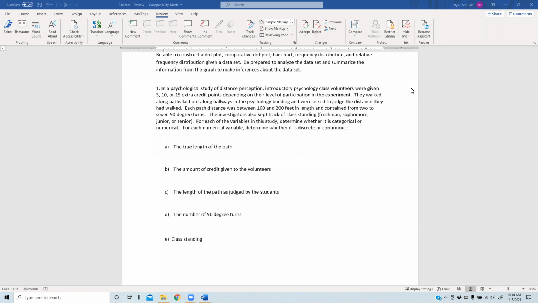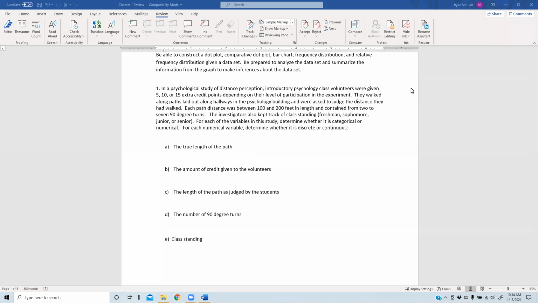Each path was between 100 and 200 feet in length and contained from 2 to 7 90-degree turns. The investigators also kept track of class standing, meaning were they freshman, sophomore, junior, or senior. For each of the variables in the study, determine whether it's categorical or numerical.